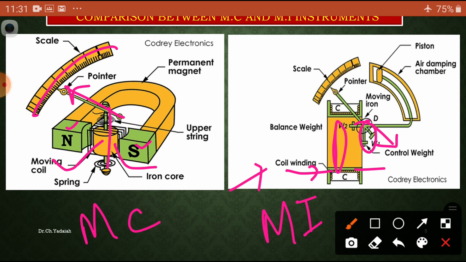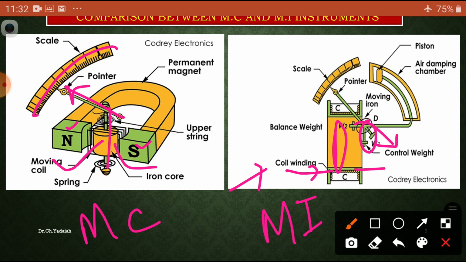So the moving coil instrument has a uniform scale, whereas the moving iron instrument is cramped at the start and at the end. Spring control, gravity control, and 3 different types of damping, eddy current damping, air friction damping, and fluid friction damping, were applied in both cases.